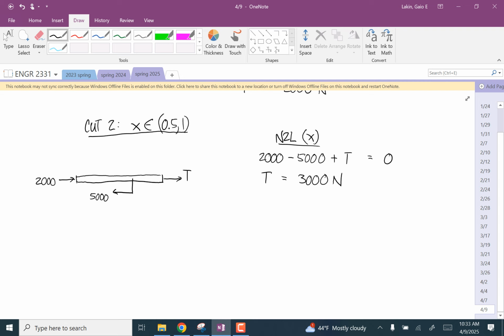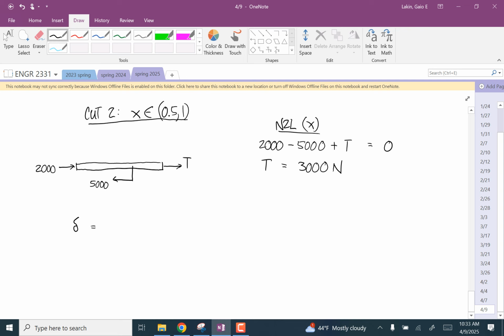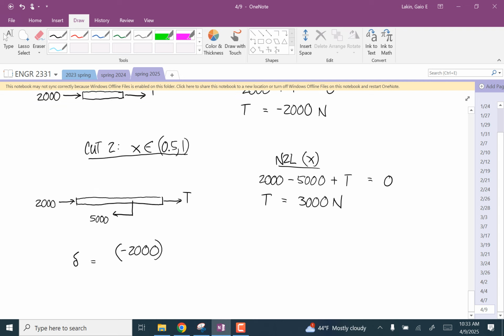Now we can use the sum formula for the displacement. So the elongation is equal to the internal tension for the first piece, which was negative 2,000. You can trust these signs again, times the length of the piece where this internal load applies.